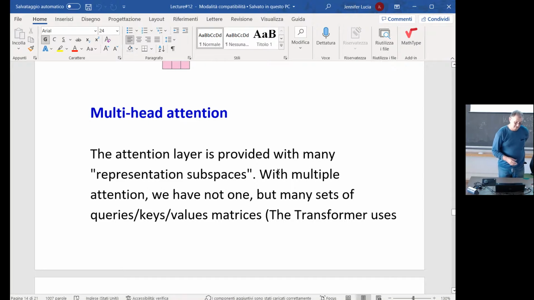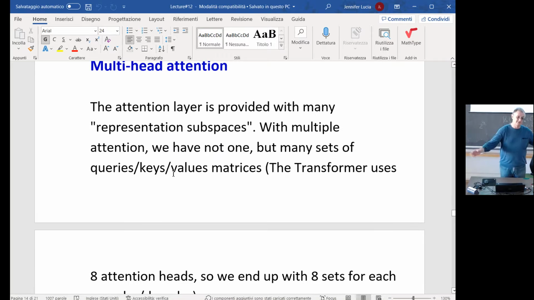But it is not all. Now we announce that one attention is not enough. They also use multi-head attention. So we replicate this attention, the same structure but other coefficients. The attention layer is provided with many representation subspaces.